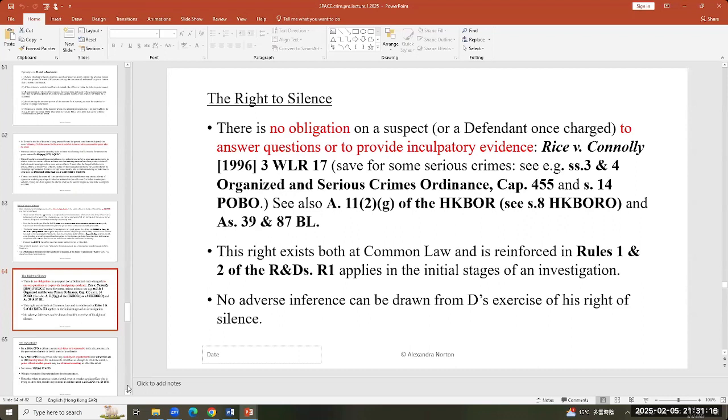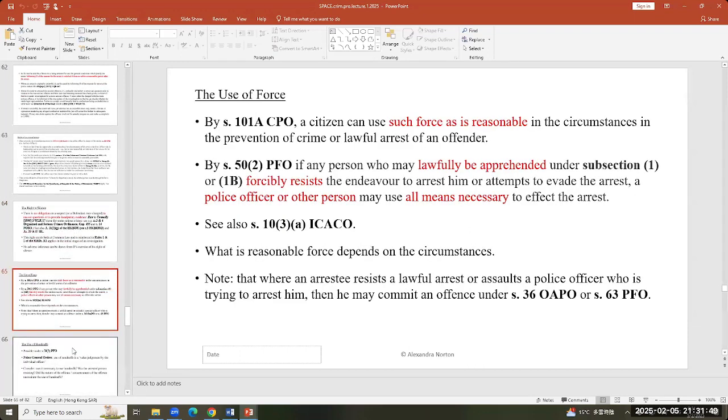So that's why we have this principle that the right of silence should not be used against a defendant if he chooses to exercise it. But it's not absolute. There are certain situations in which the judge can comment: the only evidence of this defense must be within the knowledge of the defendant. Therefore, you would have expected him to raise an explanation. We'll talk more about the right of silence later.